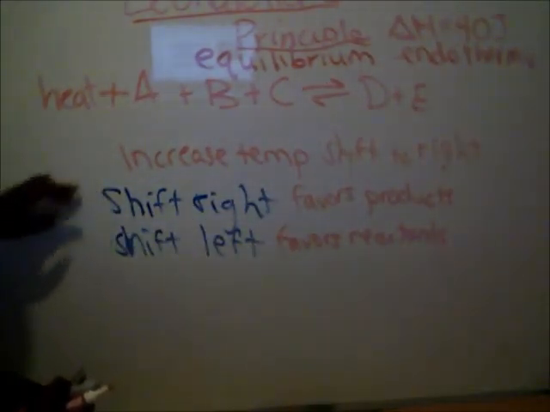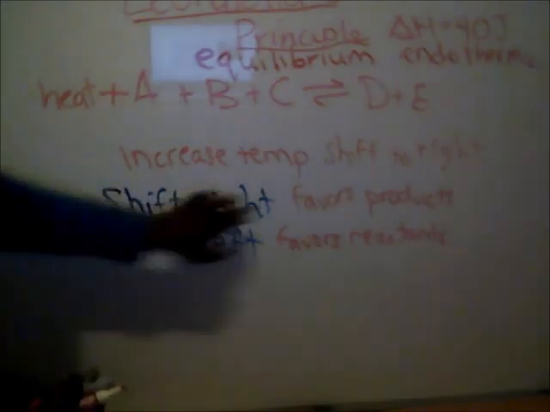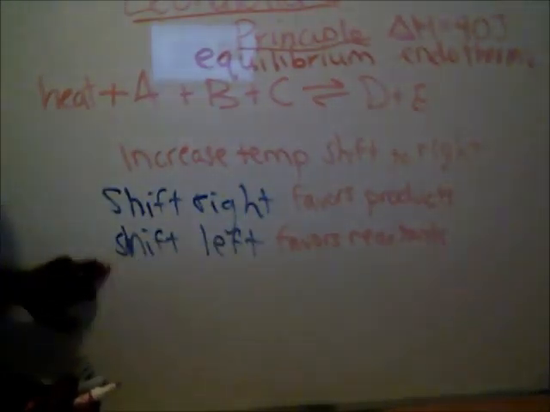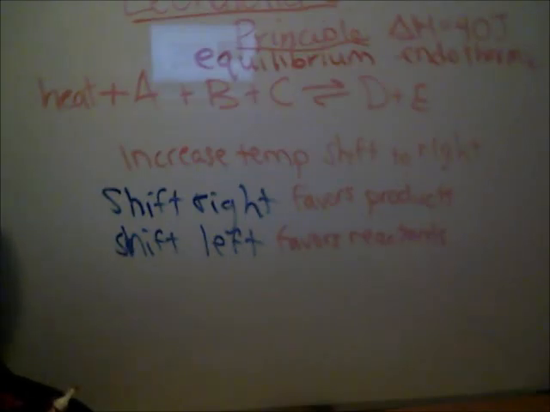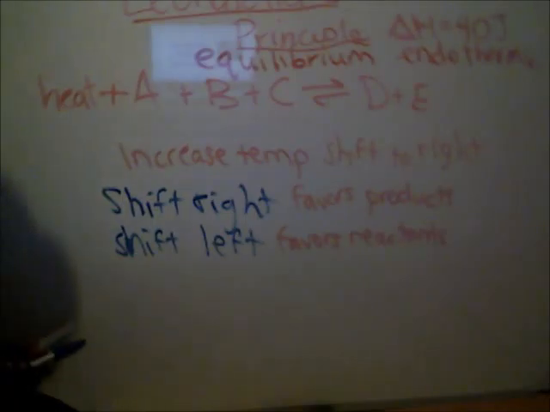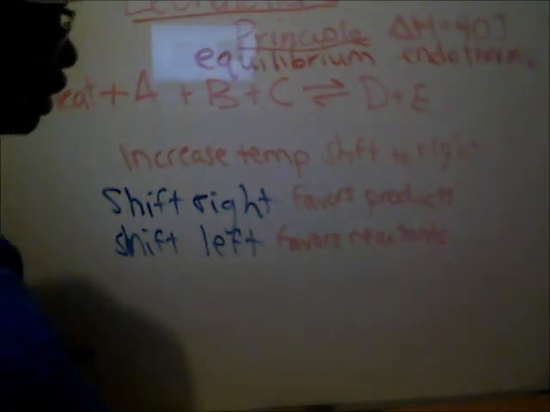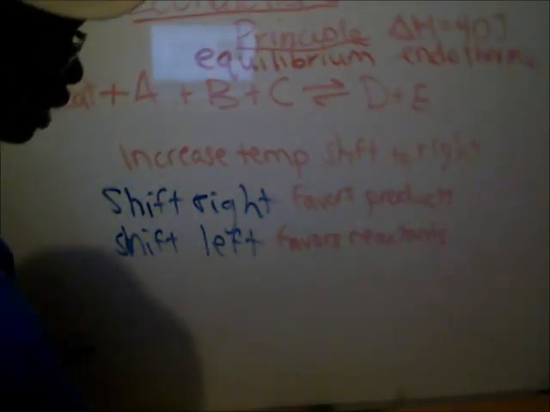So you need to be comfortable with knowing that shifting right means favoring the products, and shifting left means favoring the reactants. So I would definitely recommend reading through 17.3 and 17.4 as well as 18.1 and 18.2, which deals with Le Chatelier's principle.